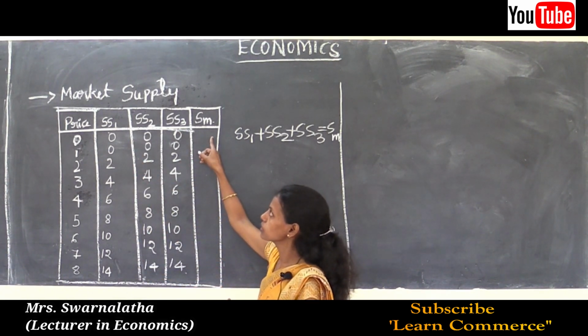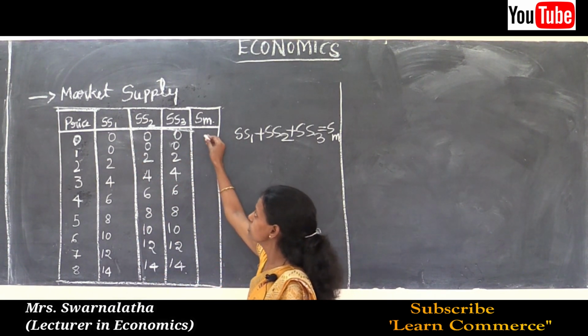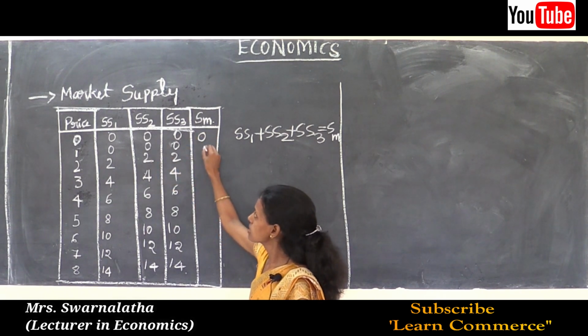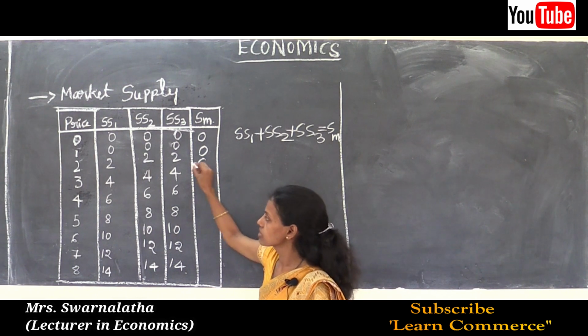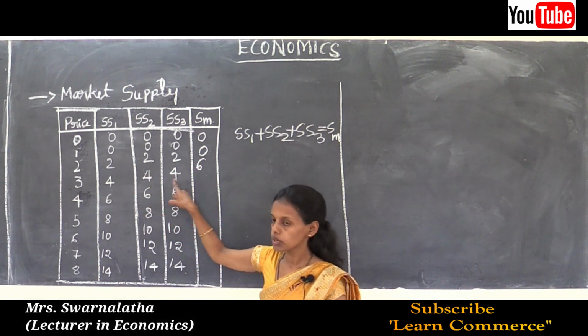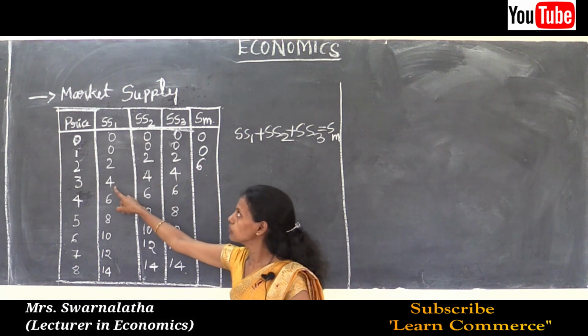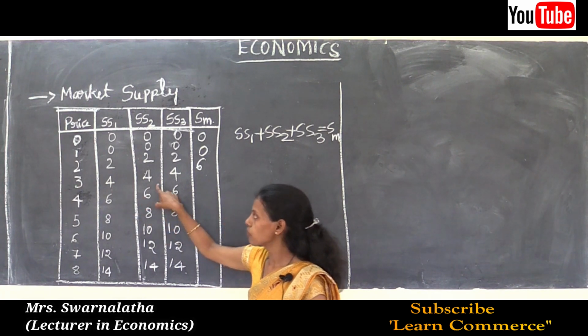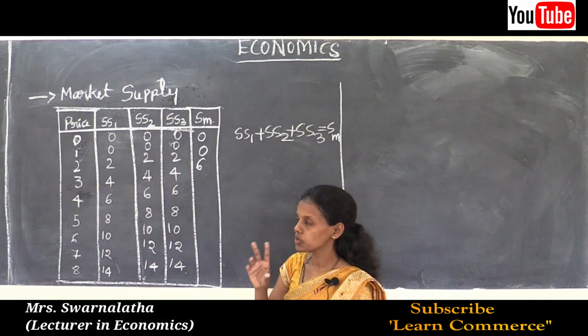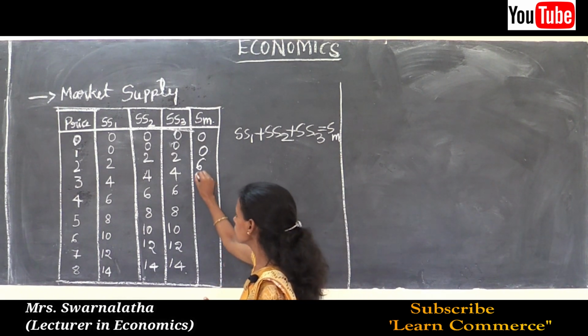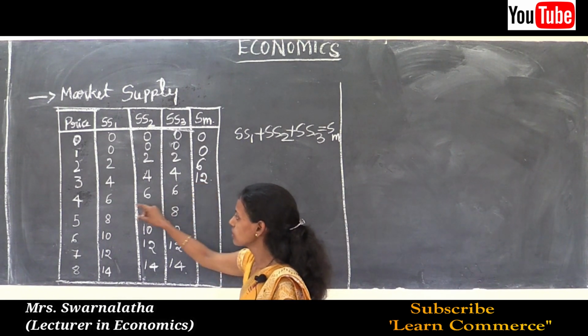So that leads to the market supply: 0, 0, 2 plus 2 plus 2, that is 6. 4 plus 4 plus 4 means firm 1 supply is 4, firm 2 supply is 4 units, firm 3 supply is 4 units. Together it forms 12 units.